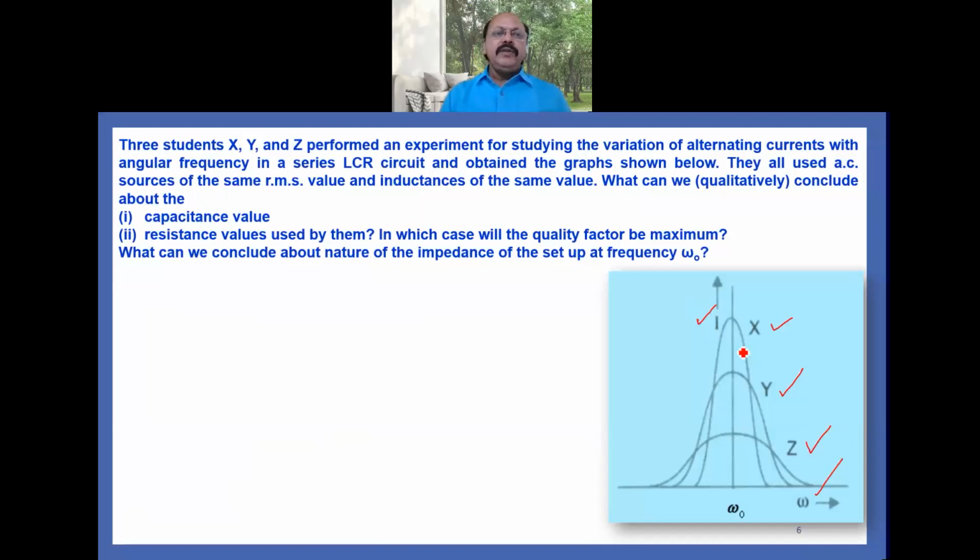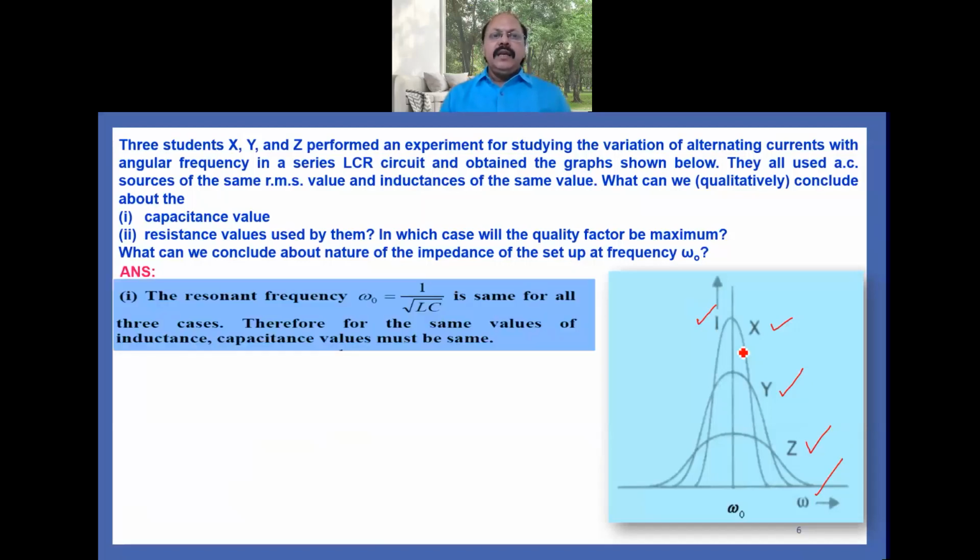So the first part, you just see it, the resonant frequency omega naught equal to 1 upon under root LC is the same for all three cases. Therefore, for the same value of inductance, capacitance value must be the same. Why is angular resonant frequency the same for all three cases?